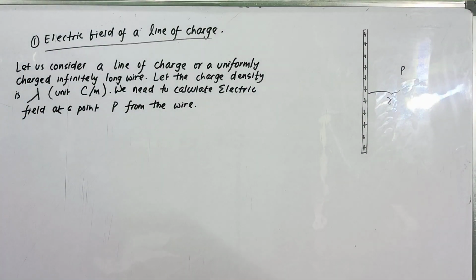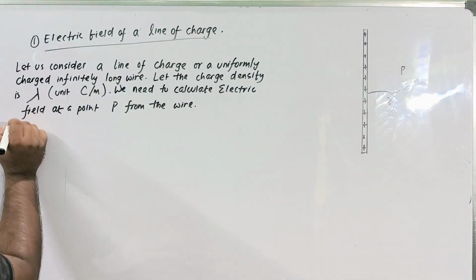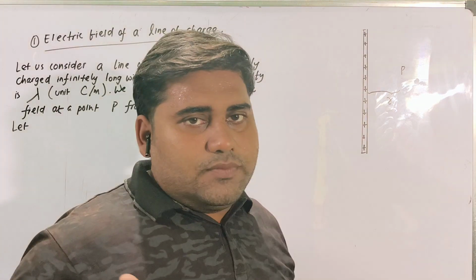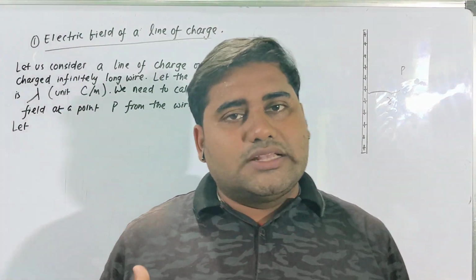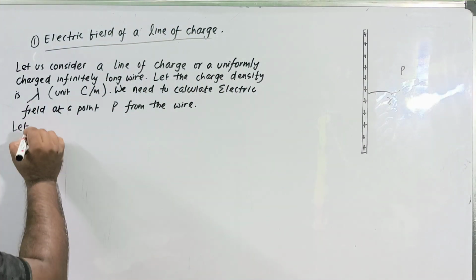To calculate this, we have to use Gauss theorem. And to evaluate the electric field via Gauss theorem, we need to consider a Gaussian surface. In this case, it is going to be a cylinder.